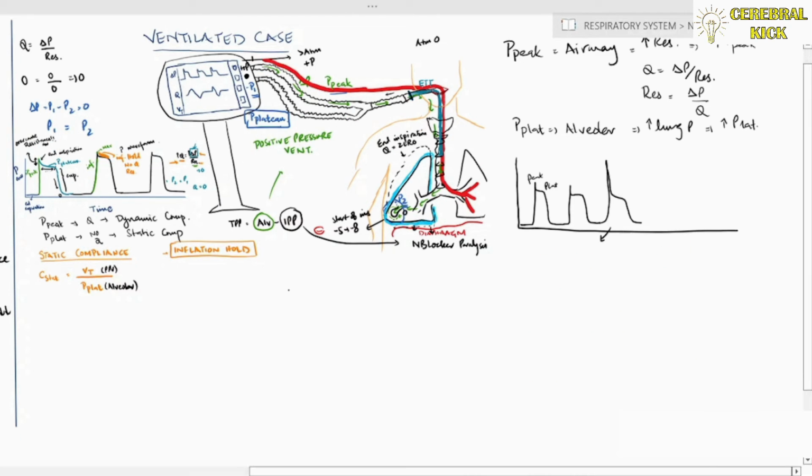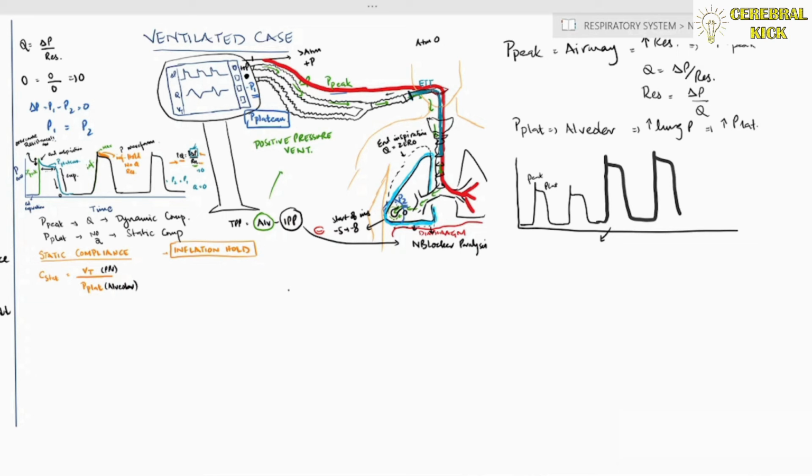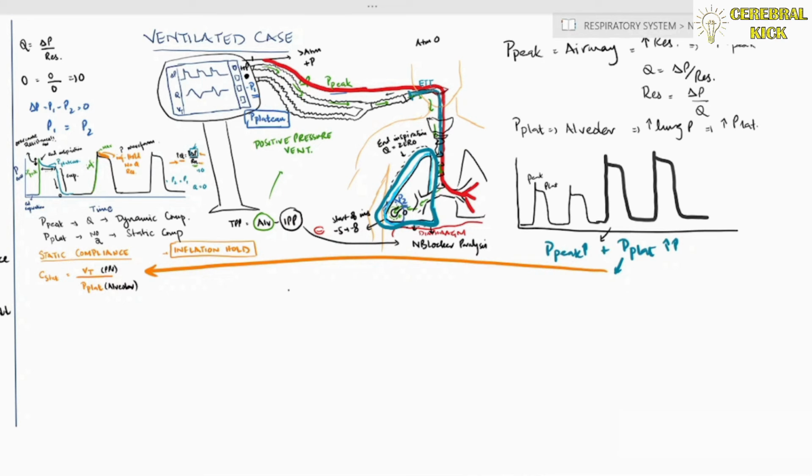What about a case where peak and plateau both increase? Now this is a situation where I would be suspecting decreased compliance in the lungs as well. We've seen that the static compliance is tidal volume divided by plateau pressure. So when plateau pressures are increased, the compliance reduces.